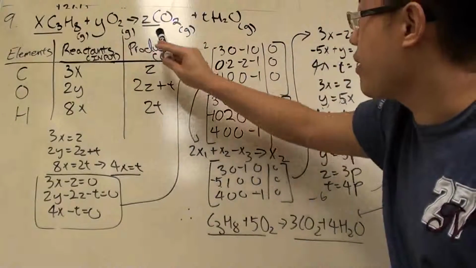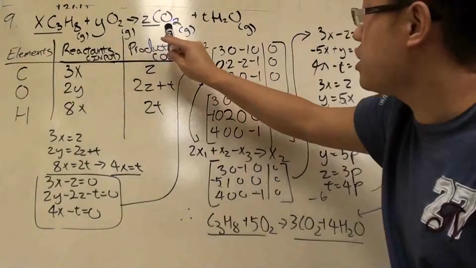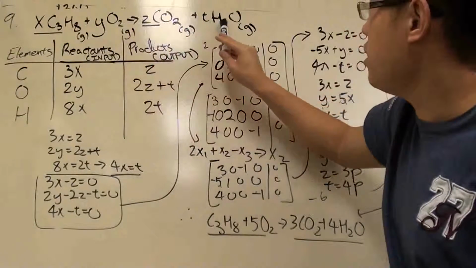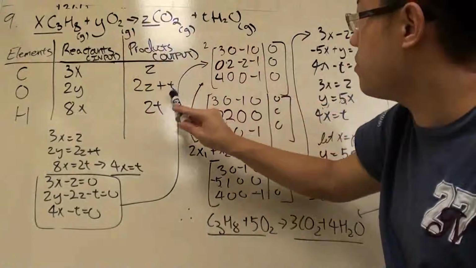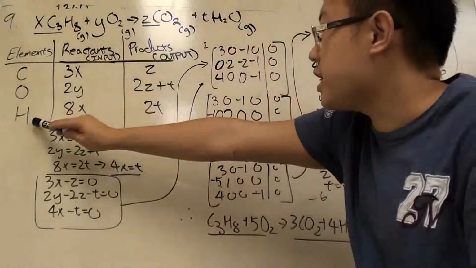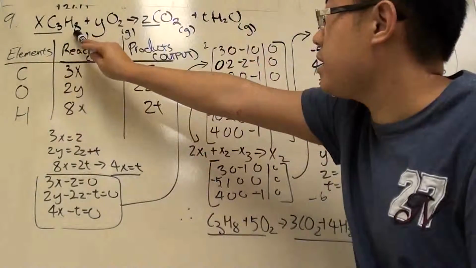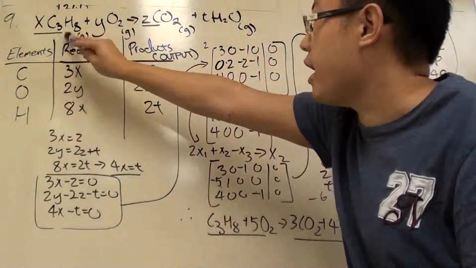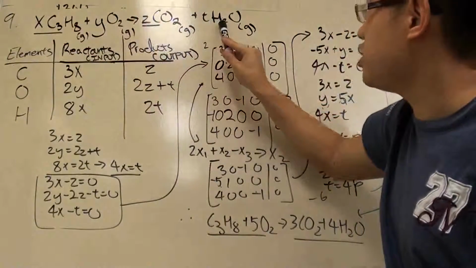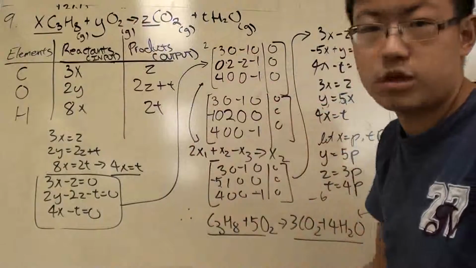Here's CO2. Oxygen, there's 2, so it's going to be 2Z. Here, there's 1 oxygen, so that's T, a 1-to-1 ratio. Moving on, H is the same: 8 there, so that's 8X. No H, skip. No H, skip. There's H2 here, so that's going to be 2T. So that's all there is.